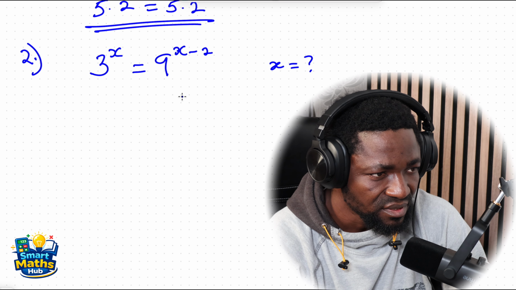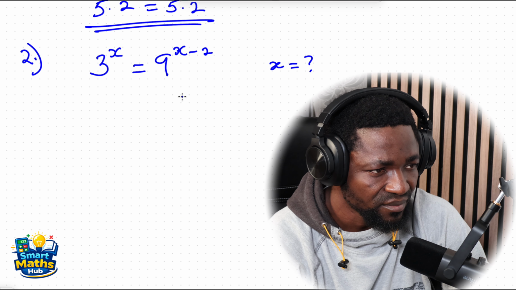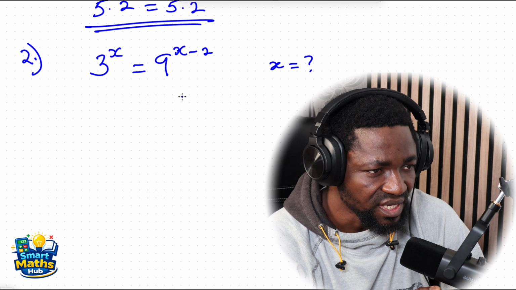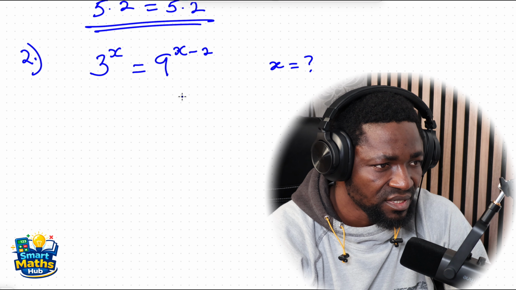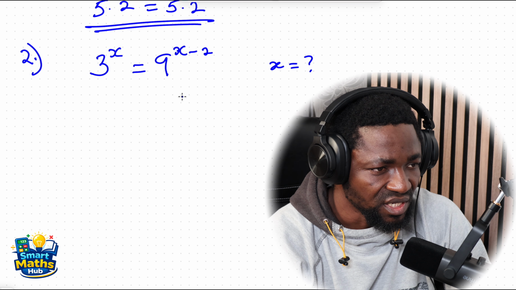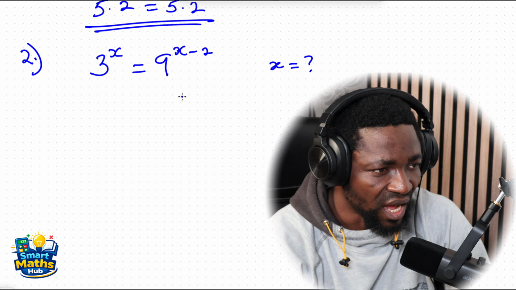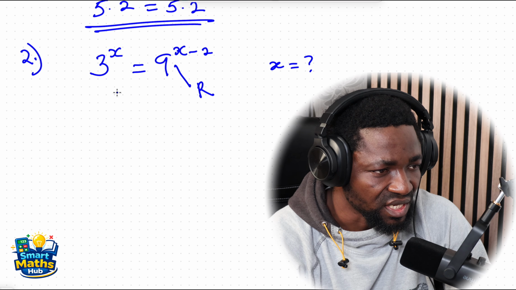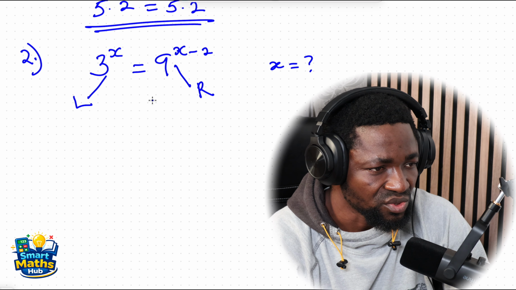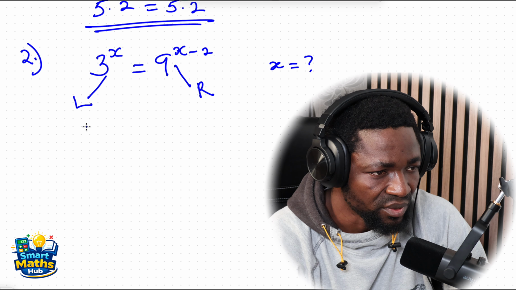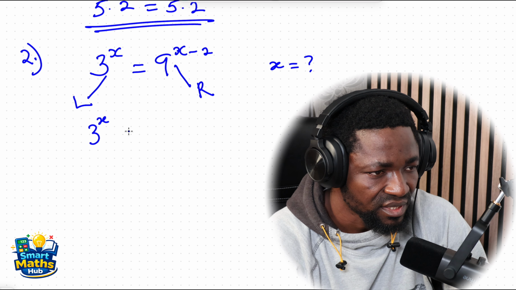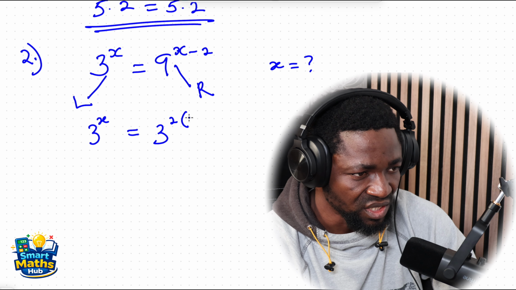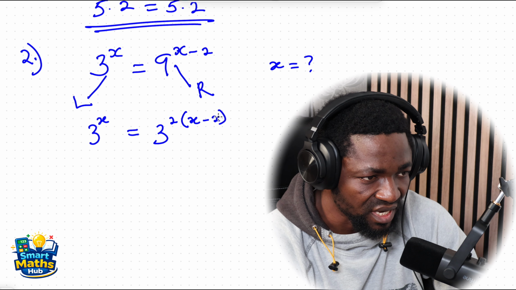So we have 3 raised to power x on the left-hand side, and on the right-hand side, 3 raised to power 2, with x minus 2 as the power. So you see the first stage.